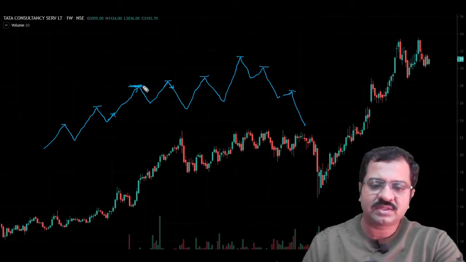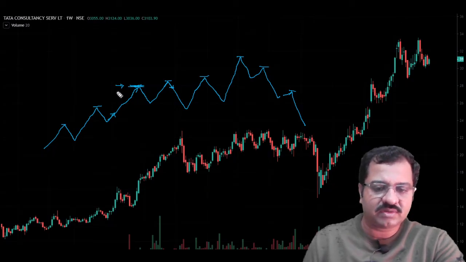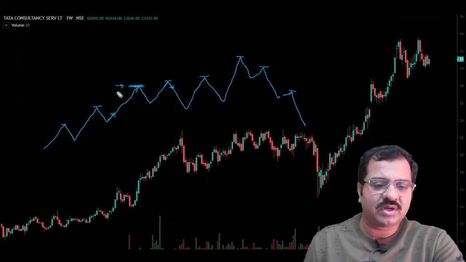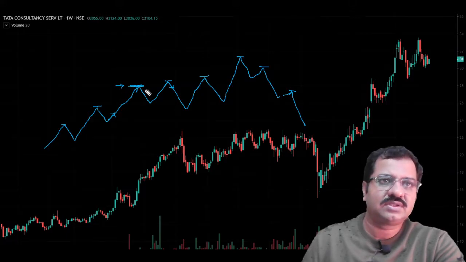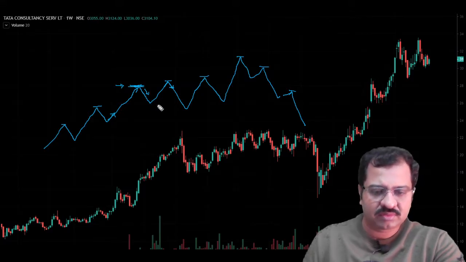So buyers are turning into sellers. This is the point where sellers are dominant now. When sellers are dominant, what happens? Price starts moving down.